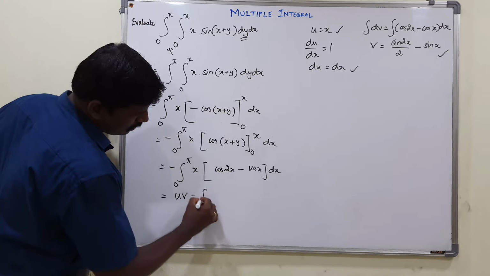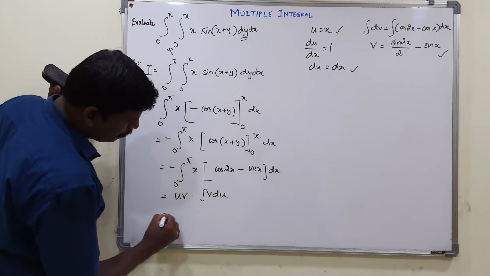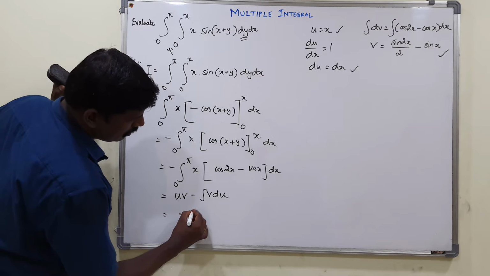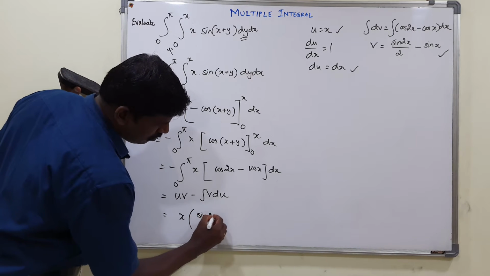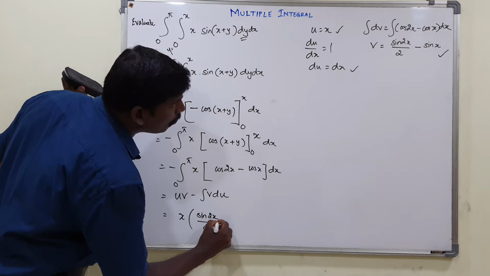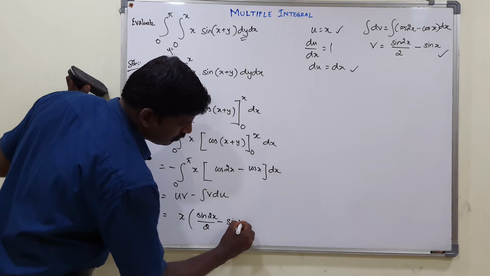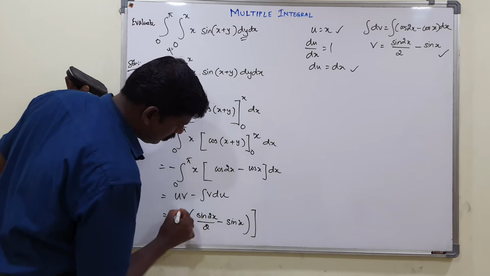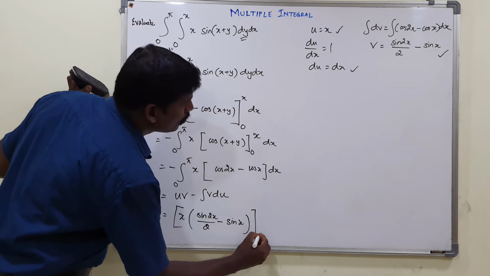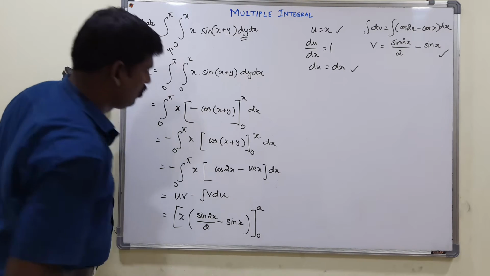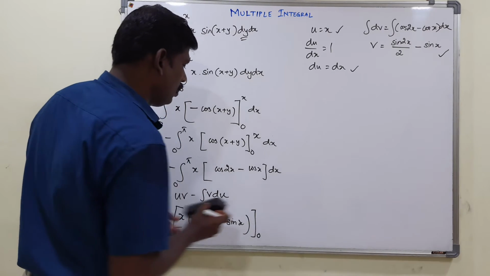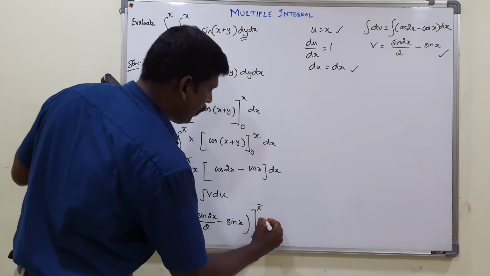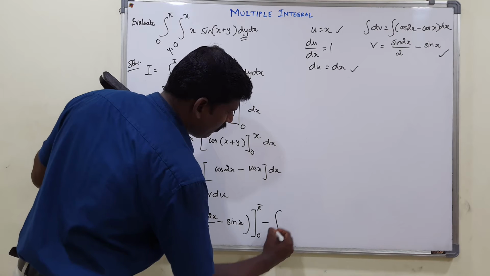So uv minus integral v du. u is x, into v, which is sin 2x by 2 minus sin x, limit from 0 to pi, minus integral v du.